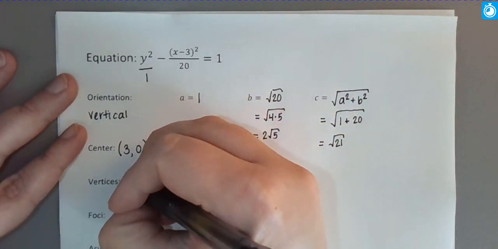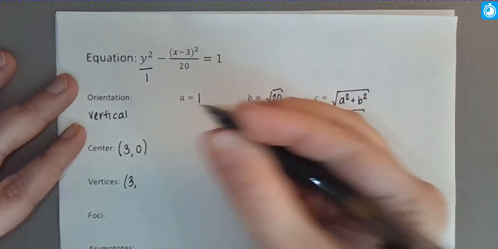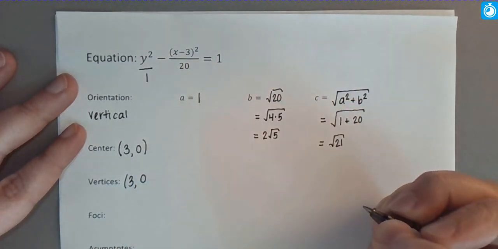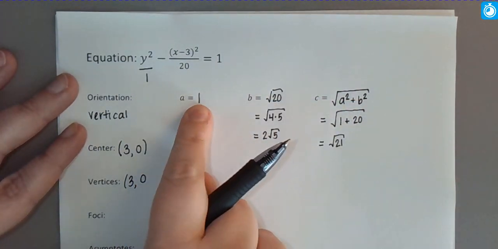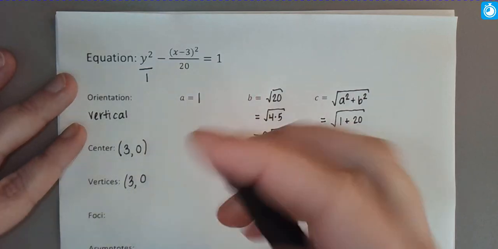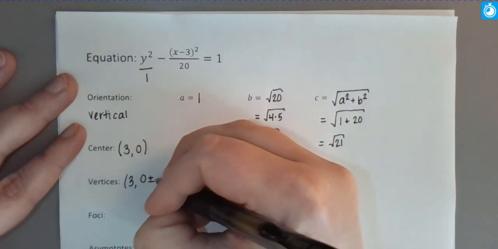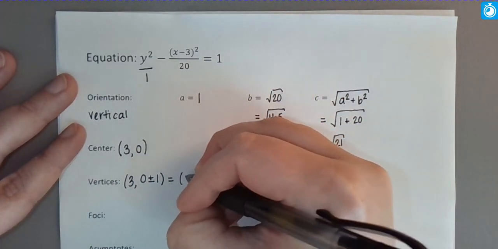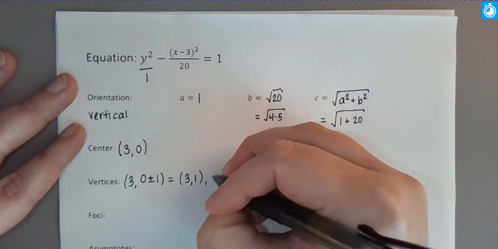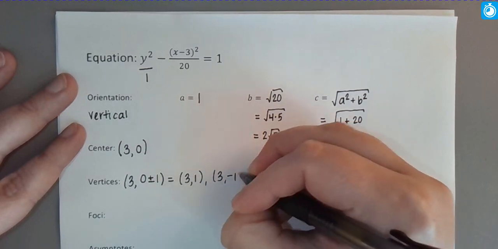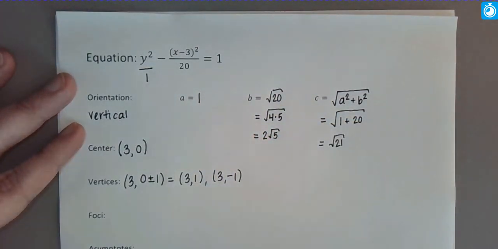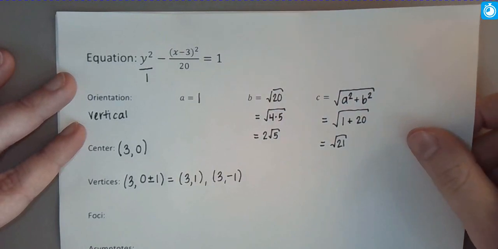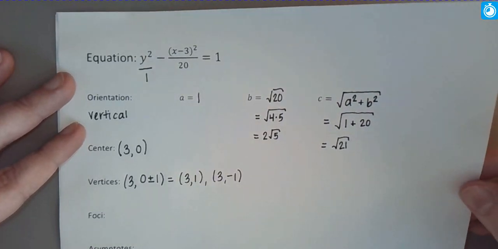So our vertices, same x value as the center, start with the current y value, and then we are going to add and subtract whatever our value for a is. So 0 plus or minus 1. And if we split that up into two separate ordered pairs, that's going to be 3, 1 and 3, negative 1. So unlike the center, these 2 points will be points that are actually on the graph, that do actually make up the graph. Think of them as the starting points for each of the 2 branches of our hyperbola.